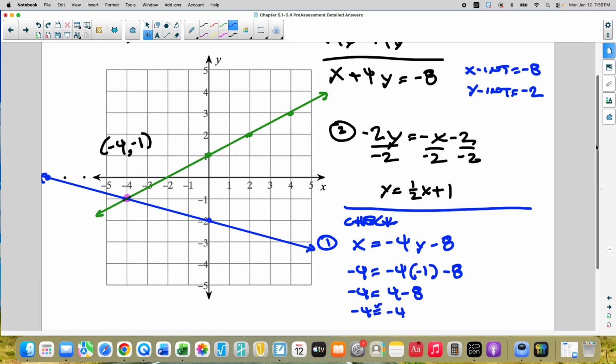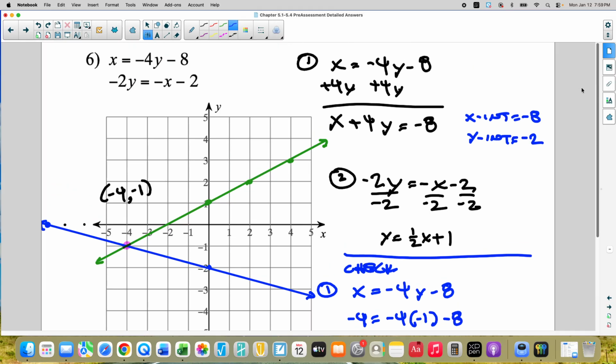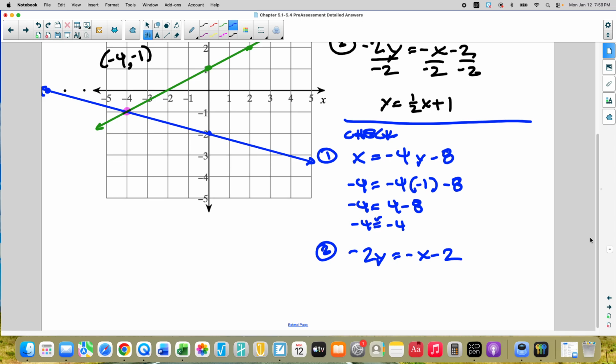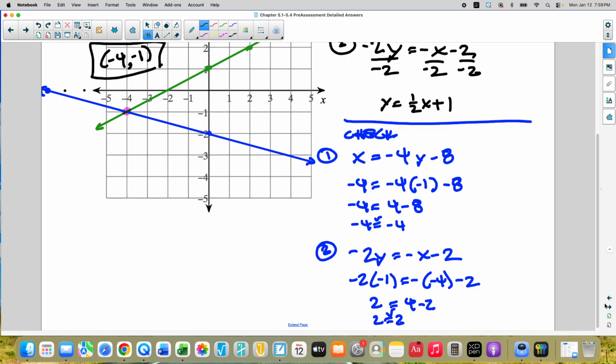And my other equation is -2y equals -x minus 2. Plugging in -1 for y and -4 for x, that gives me positive 2. That gives me 4 minus 2. 2 equals 2, and that checks out. So (-4, -1) is my solution.